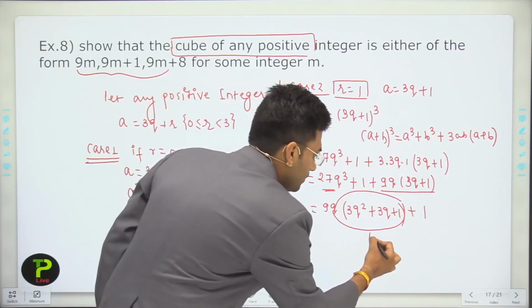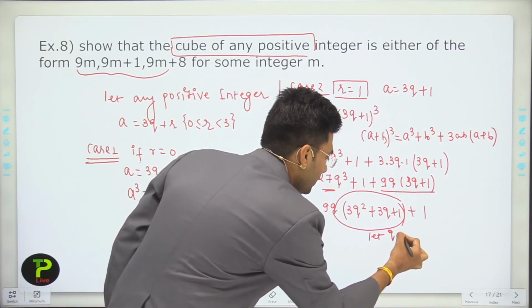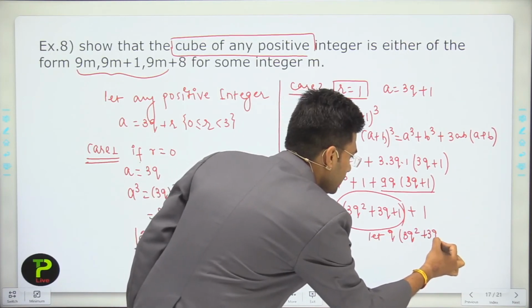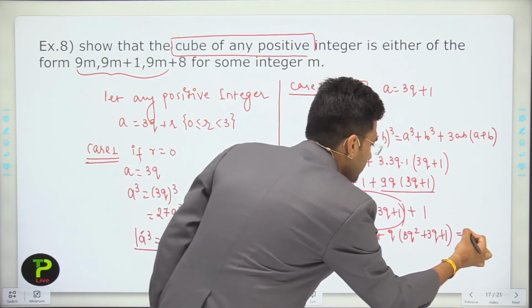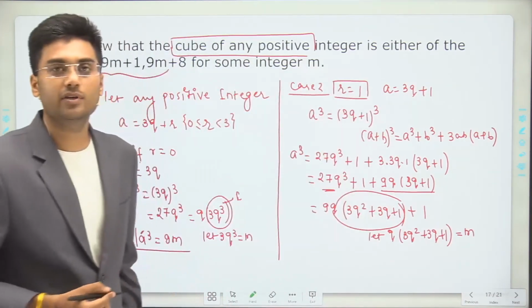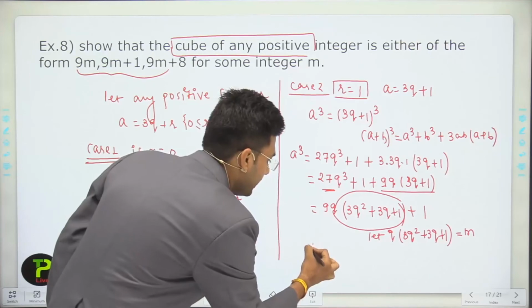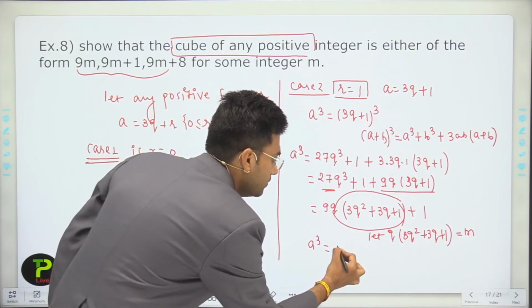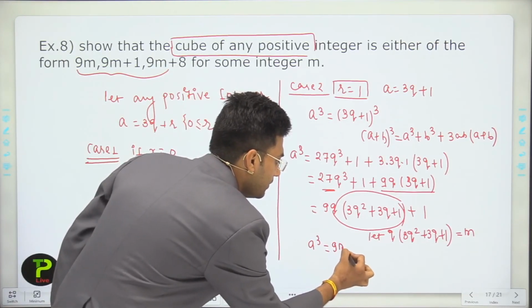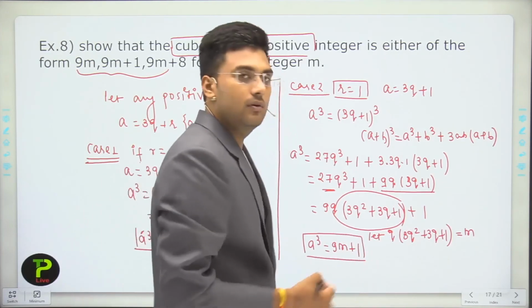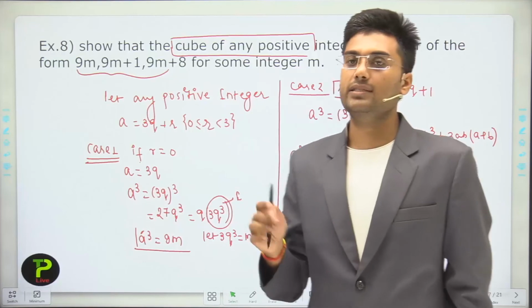So let q multiplied by 3q square plus 3q plus 1 be equal to m. M is any integer. So a cube is equal to 9m plus 1. Okay, now come to the next case.